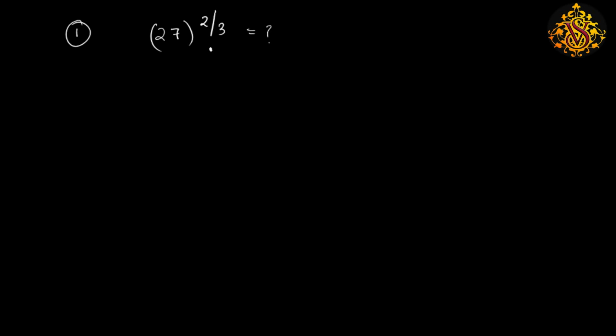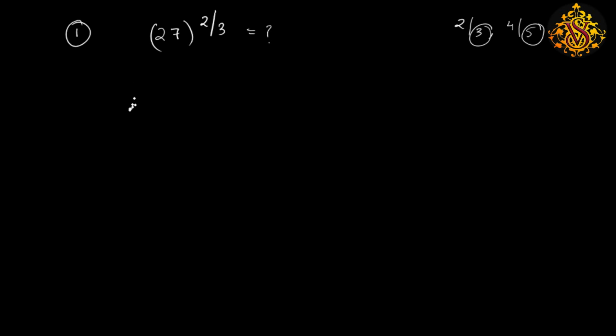So just remember the hint. For the fractions that have been given, like 2 by 3 or 4 by 5, remember the denominator, that is 3 or 5; the number will be written as a power of that. Now the question is 2 by 3, and here we write the power with 3.